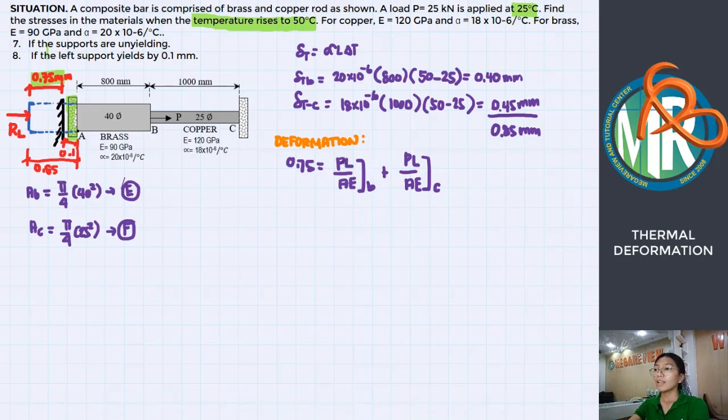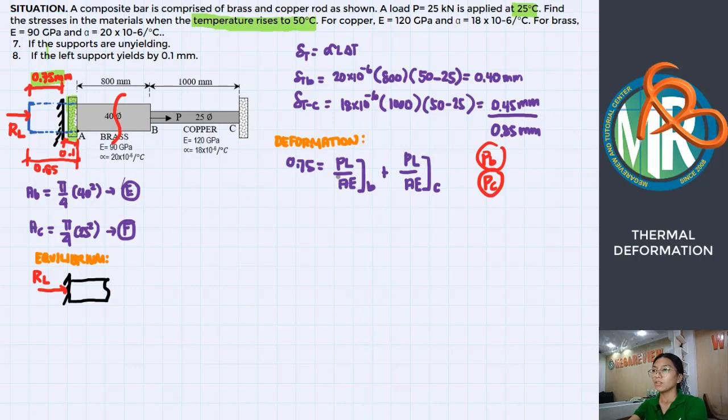Let us get the value of force PB and force PC using the equilibrium equation. For the brass rod, we cut to expose the force resisted by the brass rod. Consider the left cut member. We have here the reaction at the left support.